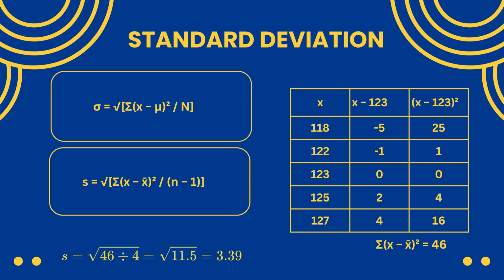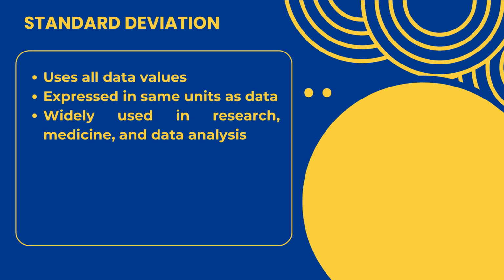So the standard deviation is the square root of 11.5, which is approximately equal to 3.39. This means that on average height varies about 3.39 centimeters from the mean height. So variance gives the spread in squared form, whereas standard deviation gives the spread in the original unit, making it easier to understand and interpret.